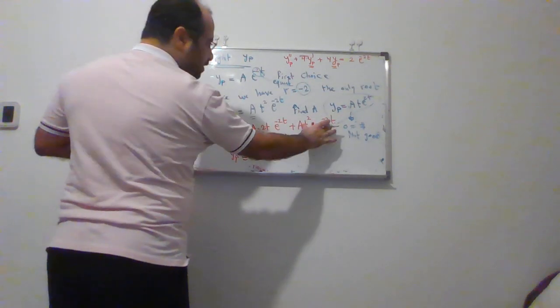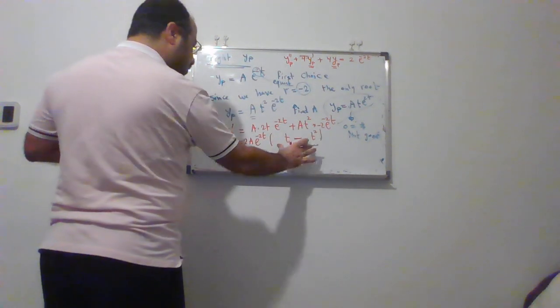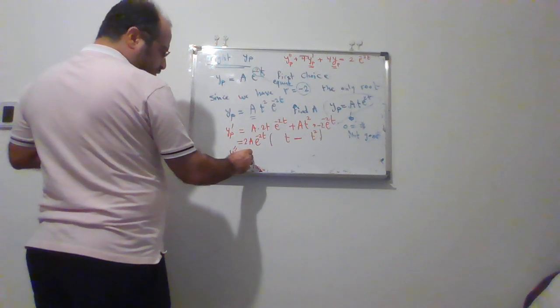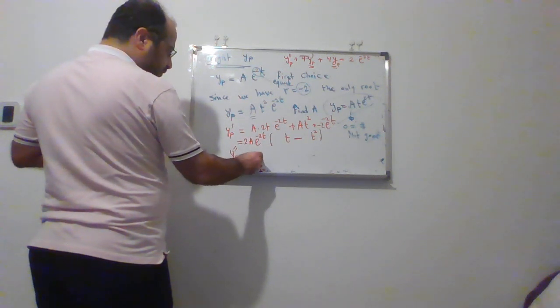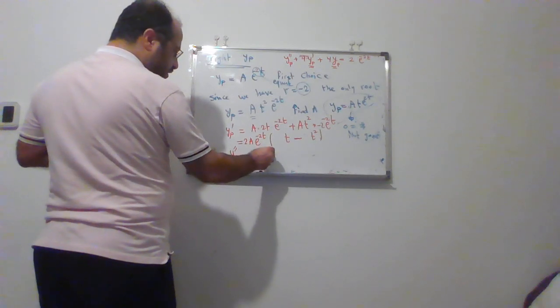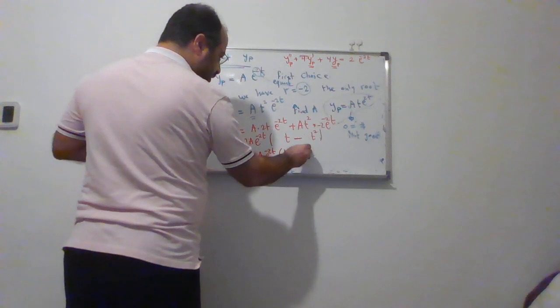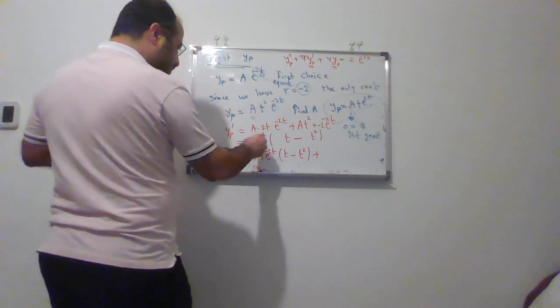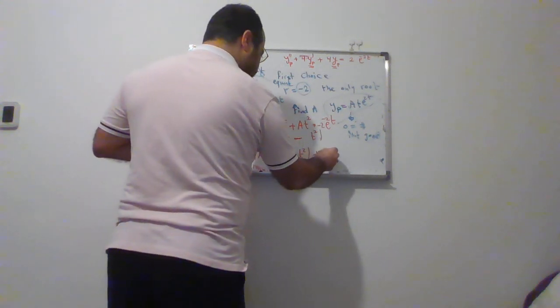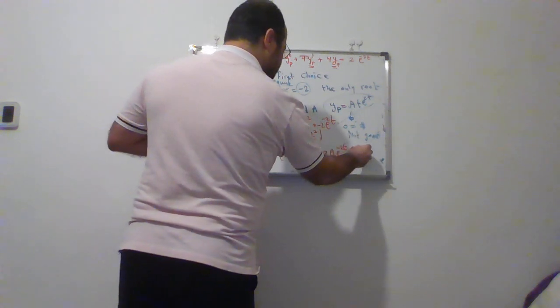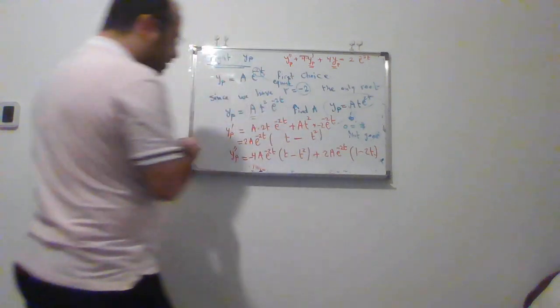Here a product rule, here another product rule. Now I have one product rule for differentiation. So I get 2a times minus 2, you get minus 4a e^(-2t). And here you leave the second one, and then you leave the first one, 2a e^(-2t), and you differentiate the second one, and you get this.